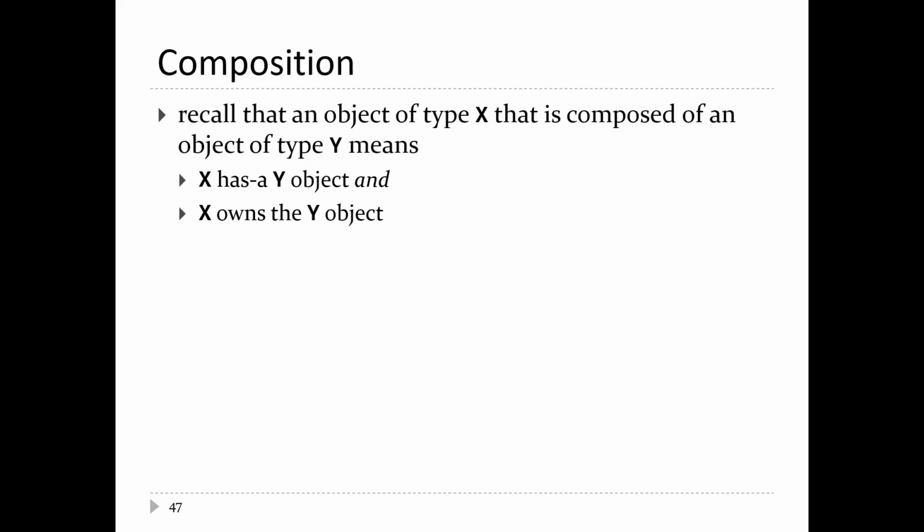So if you have an object of type X that is composed of an object of type Y, then what that means is X has a Y object, so it's an association relationship. But it also means that X owns its own Y object, right? So in other words, X controls the state of its Y object.